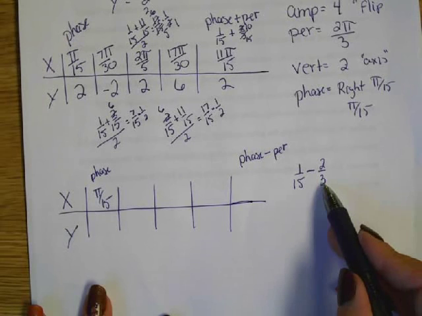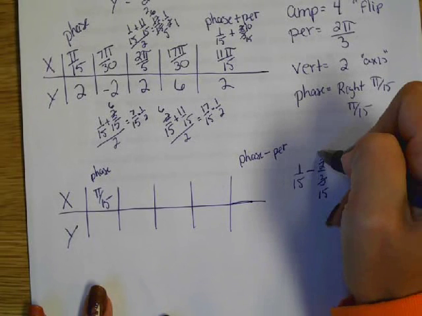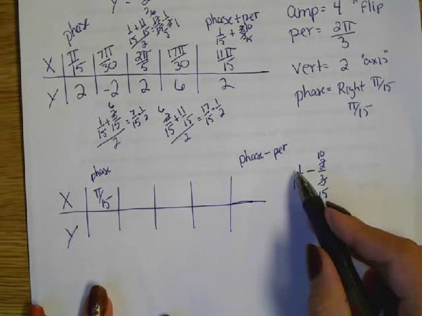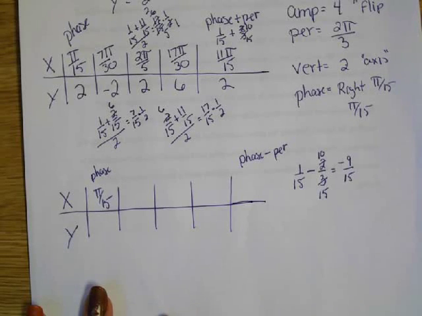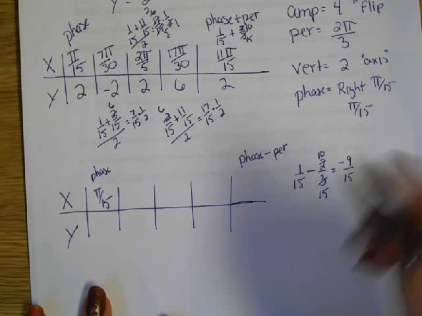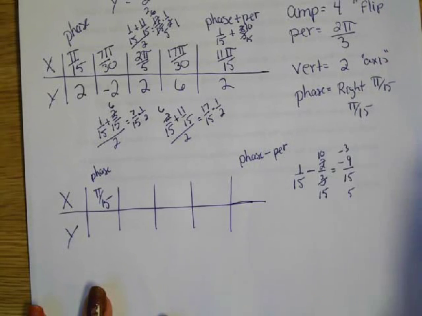You have to have a common denominator, so we're going to multiply by 5 to get to the 15. So then 1 minus 10 is -9/15. But 3 goes into both of those, so we'll have -3/5.